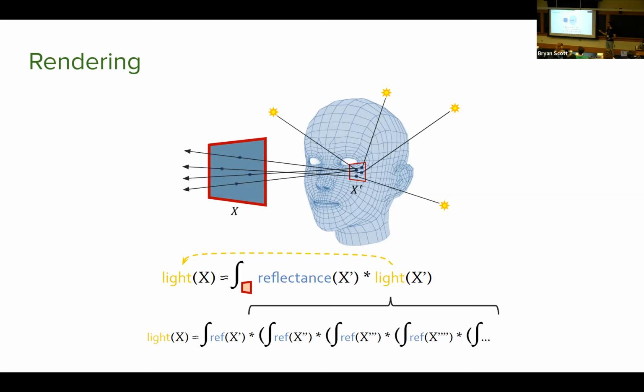We have to basically account for all these different possible combinations that light can take to reach the observer or virtual camera. It can't be at infinity. You have to account for everything that's around, and that's why the problem is hard. So it's a recursive sort of expansion of this equation.